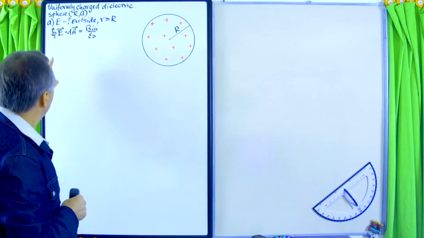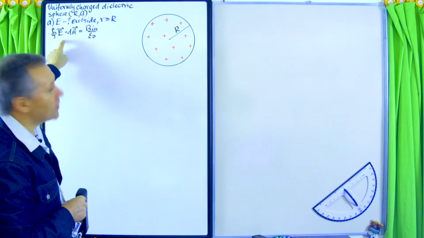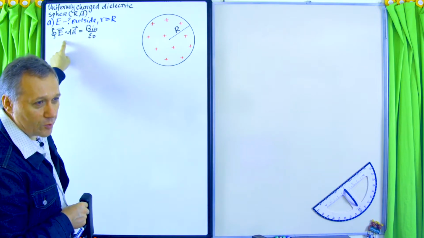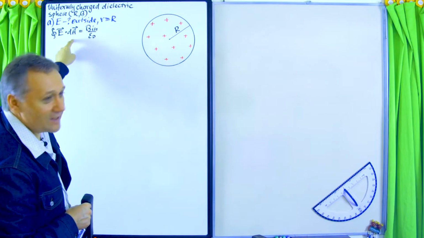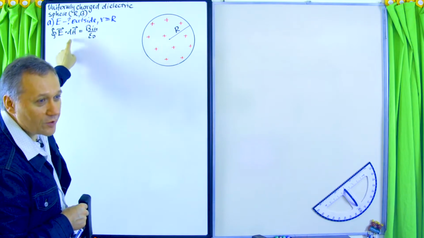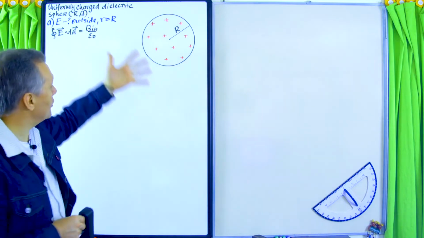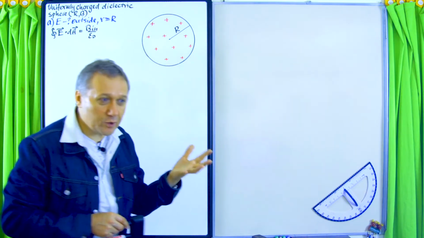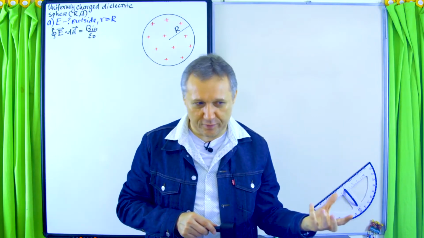Look, integration is done over what? In order to integrate that, we need to know the surface, because this is integration over a Gaussian surface. Then also, in order to find Q enclosed, in order to see which charges are enclosed, we need to know a Gaussian surface.